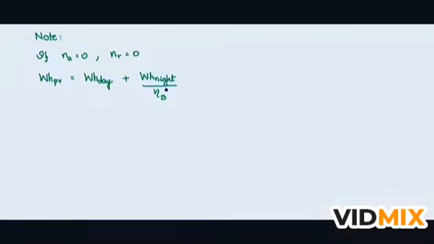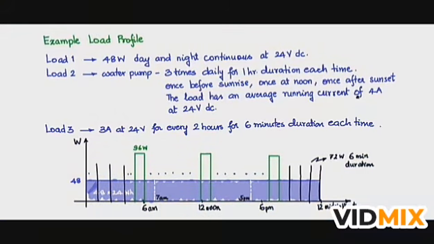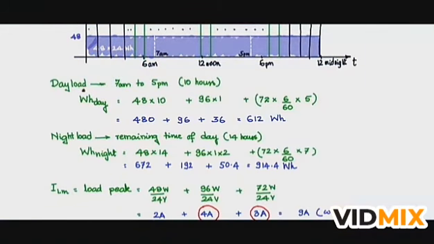Now let us try to apply it for the example that we have been discussing. Previously we discussed it for the battery sizing and also for load profiling. Recall that we had discussed about this load. You had load 1, load 2, load 3, and we had calculated the day load, watt hour a day, 612 watt hours, night load 914.4 watt hours.